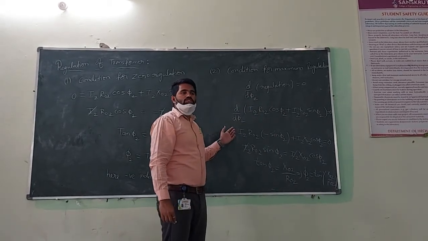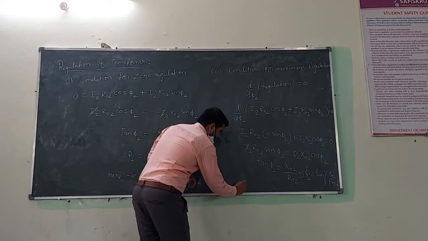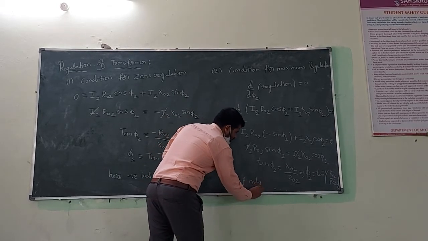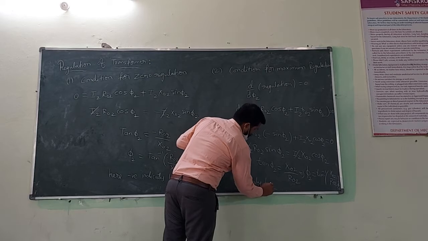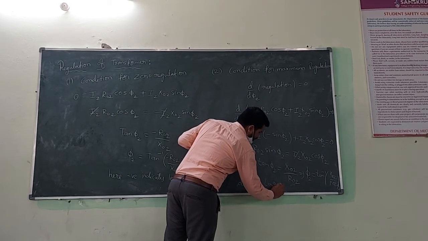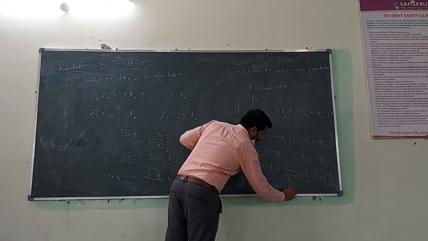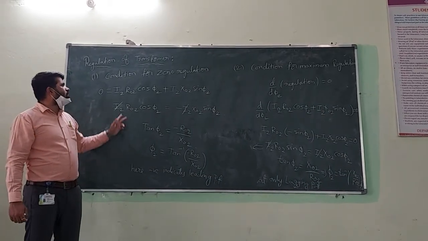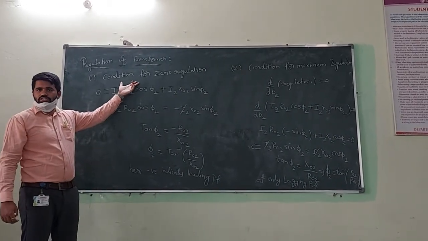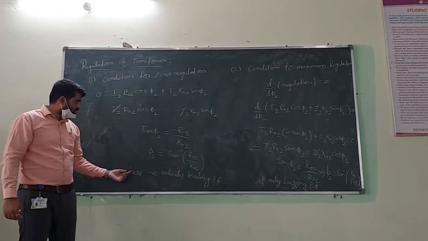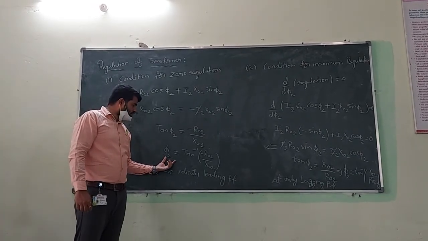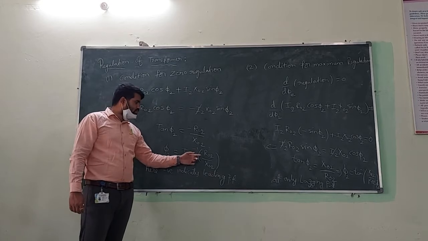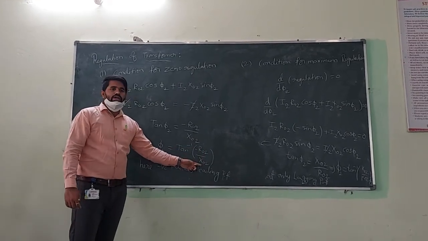You will get maximum regulation only where we have a lagging power factor. For voltage regulation, there are two conditions. One is the condition for zero regulation: the angle between the voltage and current is tan inverse of minus R02 by X02.